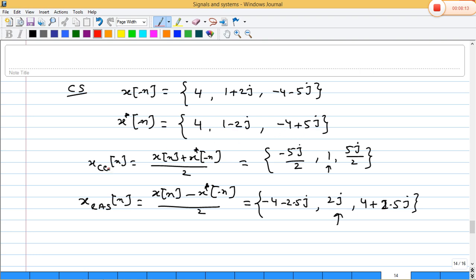After that, for conjugate symmetric, x[n] plus x conjugate of -n divided by 2 is the formula. Now we can find the value, and similarly for conjugate antisymmetric. Okay, any problem? No.